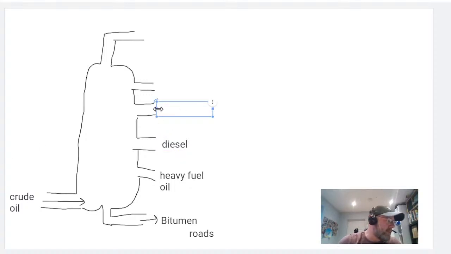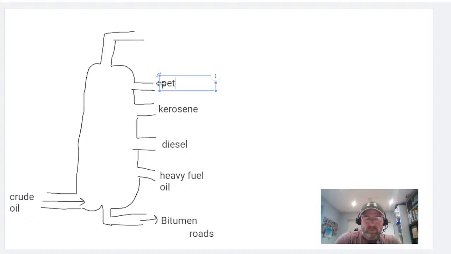In the exam, it wouldn't matter if you called them something outside of your spec, it would still be correct. If it's correct, it's correct. So then you've got kerosene, then you've got petrol, and then you've got natural gas, or in AQA they call it LPG, liquefied petroleum gas, but you can call it refinery gases or natural gases.